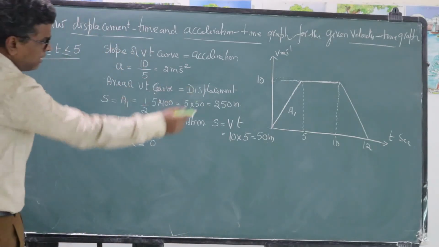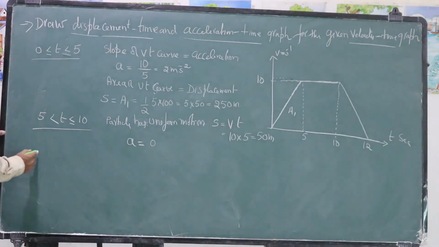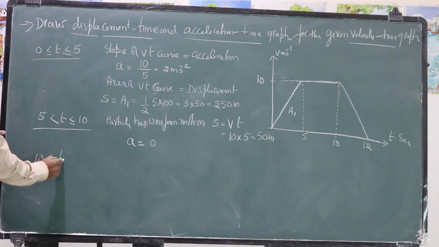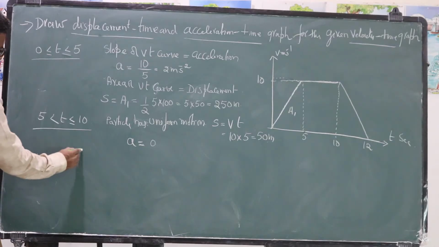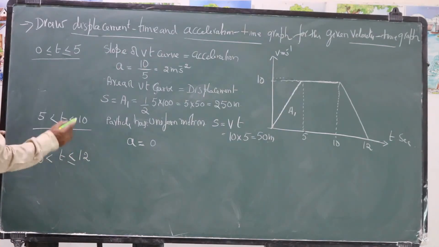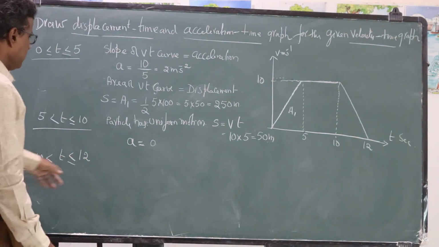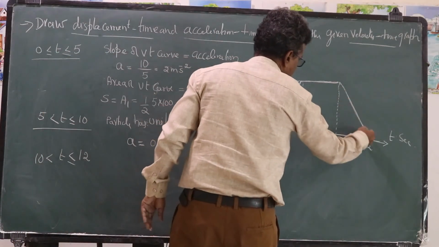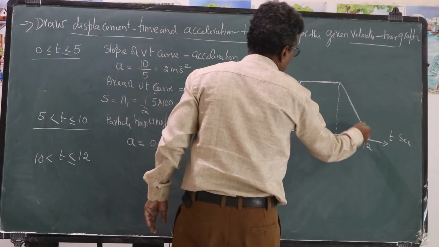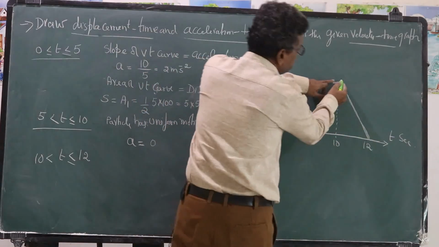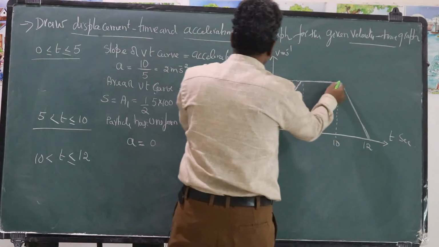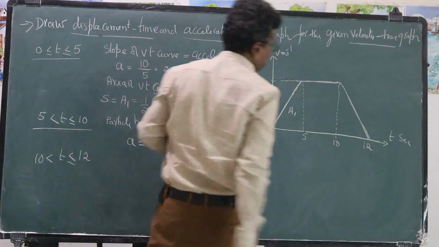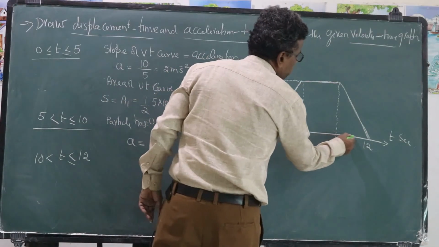Next, during the interval 10 < t ≤ 12 seconds, what happens? The body decelerates, so it has a negative slope. Velocity gradually decreases from 10 to 0 during the interval 10 to 12.